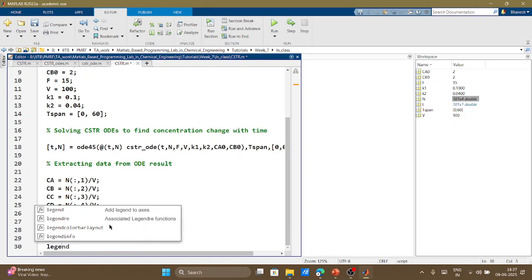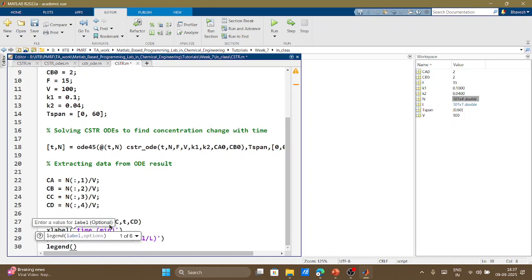What else we need? Legends, right? Legends. So it will be CA, CB, CC, and CD. Let's run it.